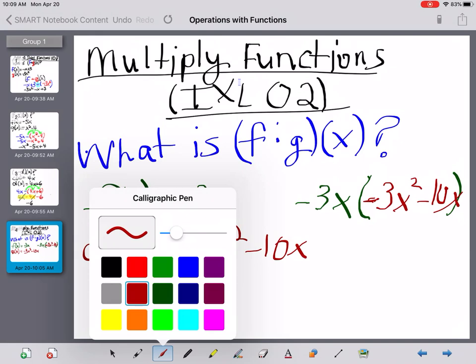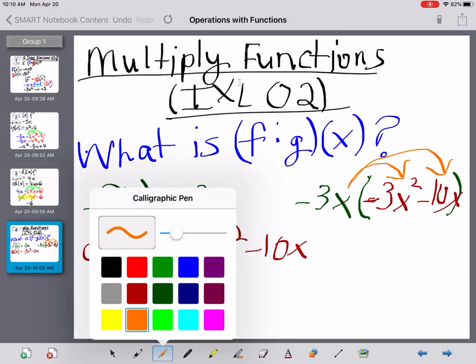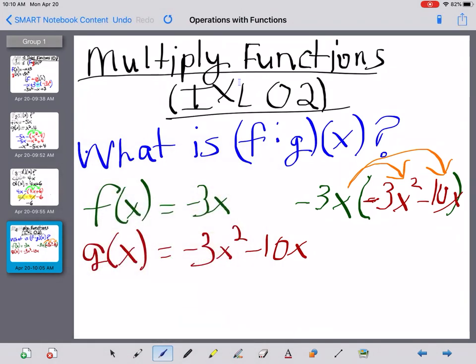So let's distribute the negative 3x into everything in the parentheses. Let's use orange. So negative 3x times negative 3x squared, and then negative 3x times negative 10x. So when I do that, we're going to end up with something completely new.